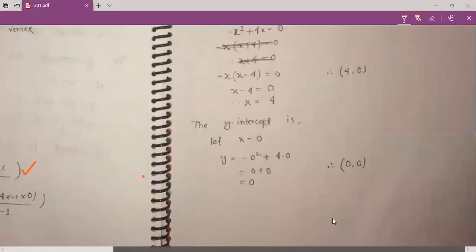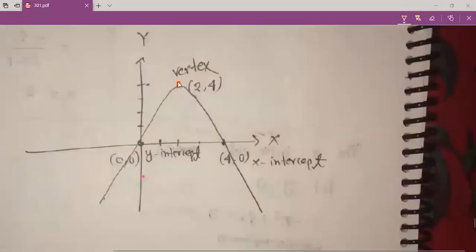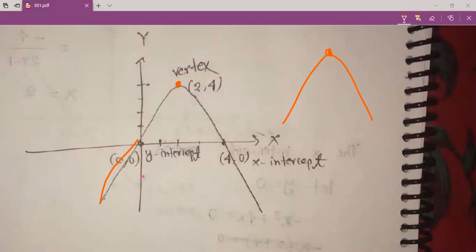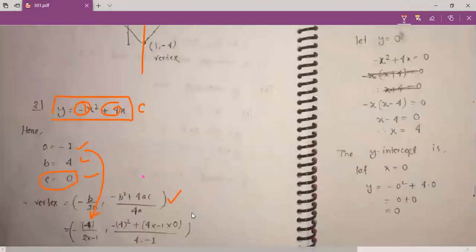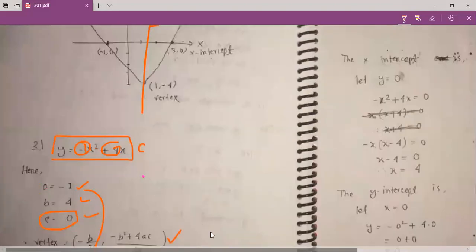So here in the graph you find this is the vertex. This is the top point of our parabola, or you can think of it as the top point of a hill, right? So this is our vertex.